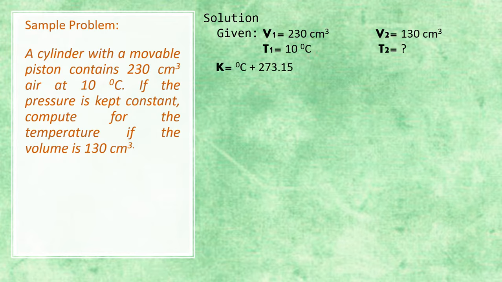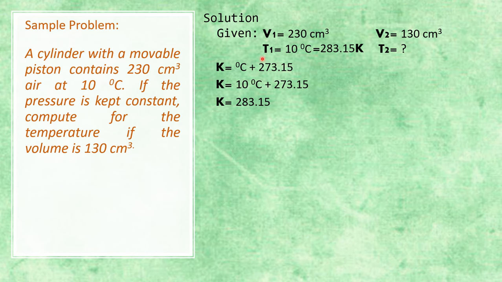In converting degrees Celsius to Kelvin, remember the formula, Kelvin is equal to degrees Celsius plus 273.15. Kelvin is equal to 10 degrees Celsius plus 273.15. The answer is 283.15 Kelvin. Ngayon, ang ating initial temperature ay naka-Kelvin na.